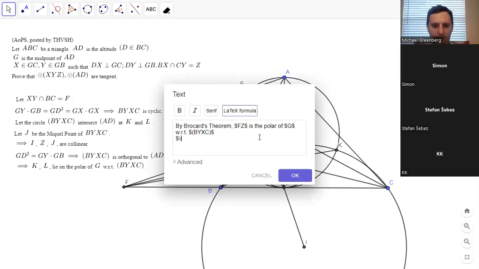And that means that F, Z, K, and L are collinear.